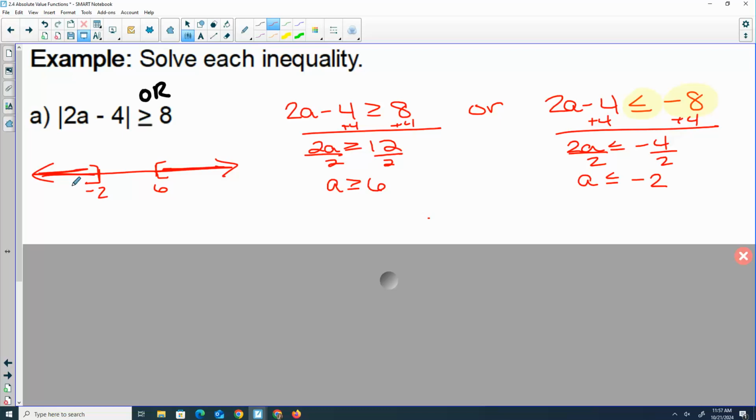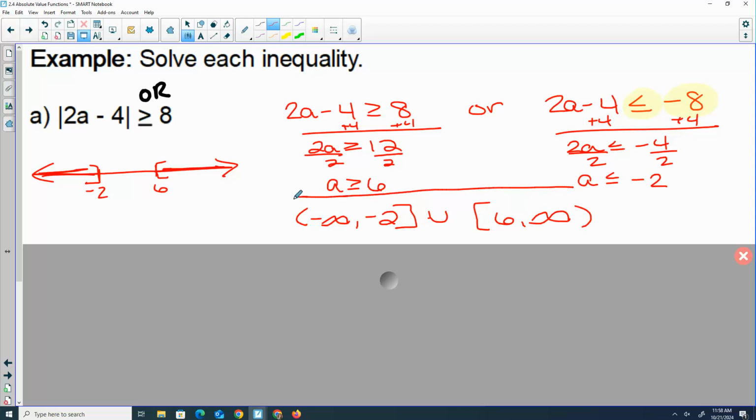So my answer, I want the interval for each of these. So we go left to right. So this is coming from negative infinity. Infinities always get a parenthesis, stops at -2, and that will get a bracket. Union. Next one starts at 6 and goes to infinity.